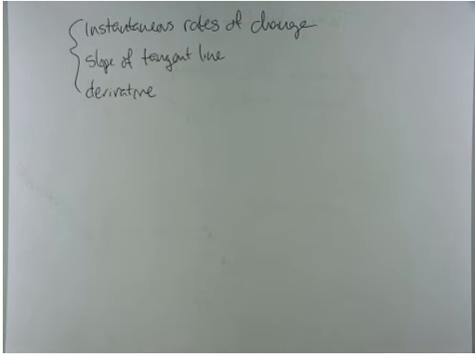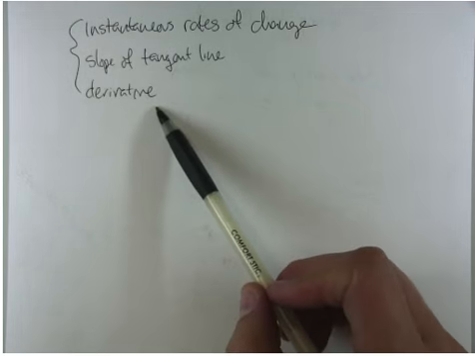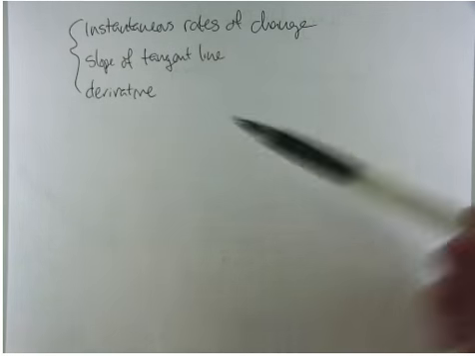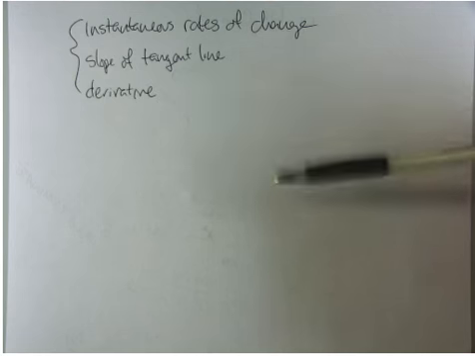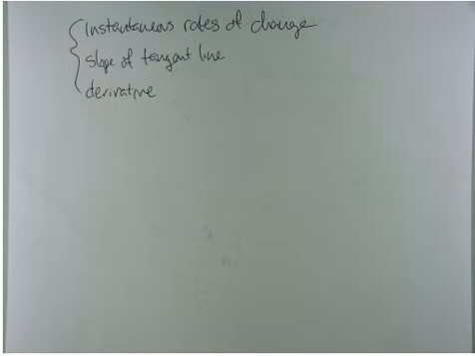So if that curve is, say, measuring cost, and I wanted to know what the instantaneous rate of change for that cost was, it corresponds to the slope of the tangent line. Similarly, if I tell you that c of x is cost, you should be able to interpret c prime of x, the derivative, as the instantaneous rate of change. So we should be able to move between these three ideas interchangeably and be able to interpret results.